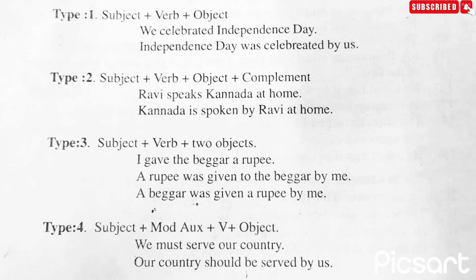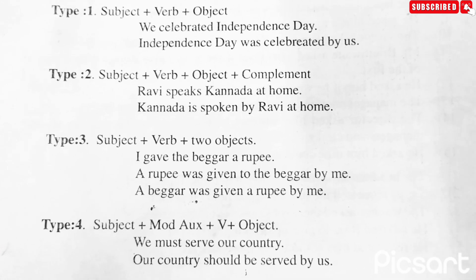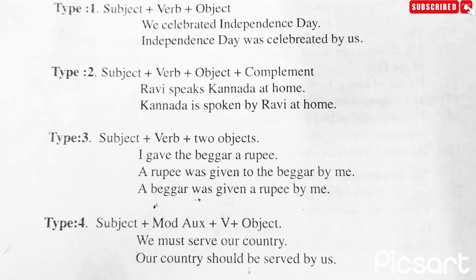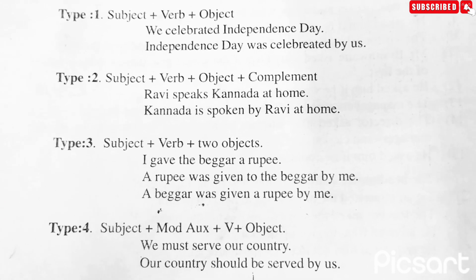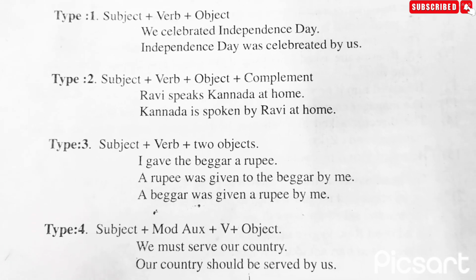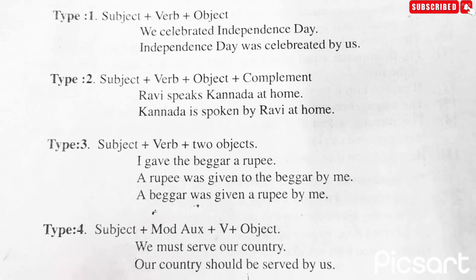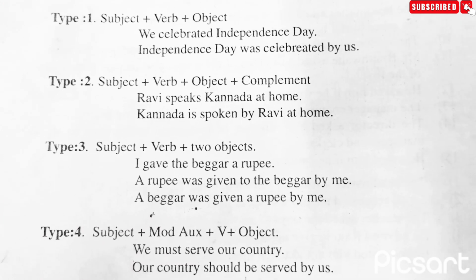The object changes into subject. Independence Day, with the suitable form of be, was, because the given sentence is in past tense. Independence Day is a singular number, so we use was. Independence Day was celebrated. V2 form is celebrated, V3 form is also celebrated.